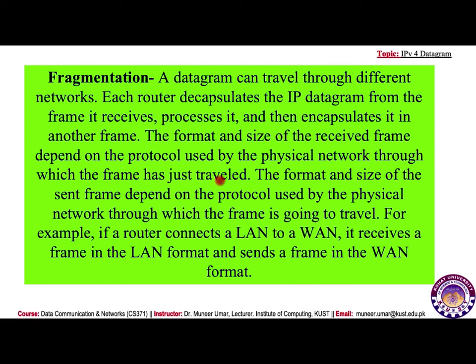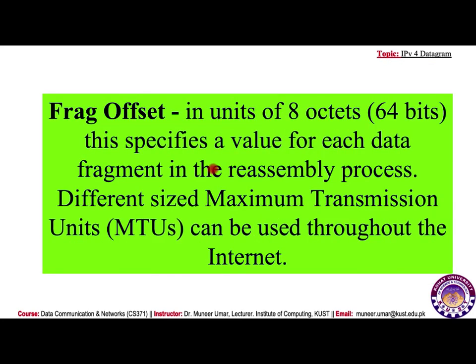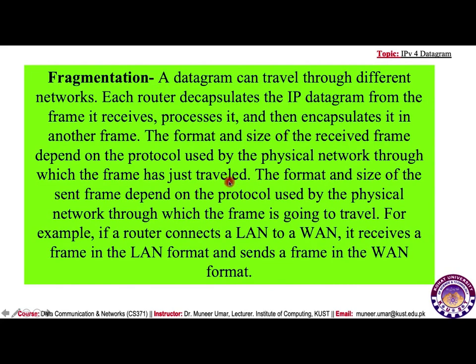In simple words, if there are different networks, then these networks may have different sizes for frames. The format and size of the sent frame depend on the protocol used by the physical network through which the frame is going to travel.